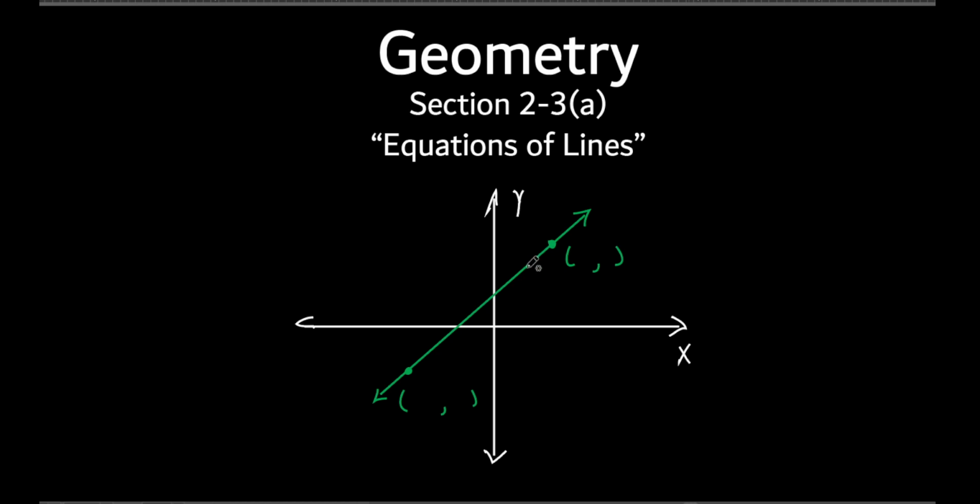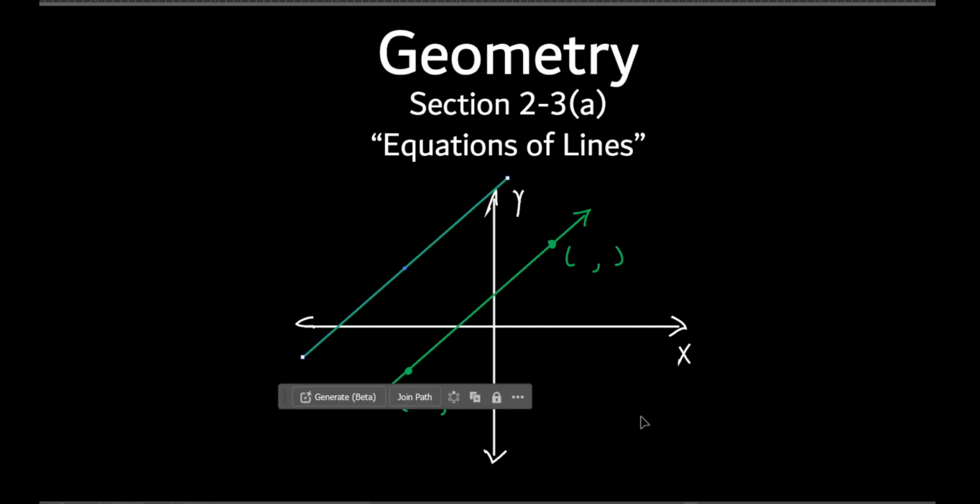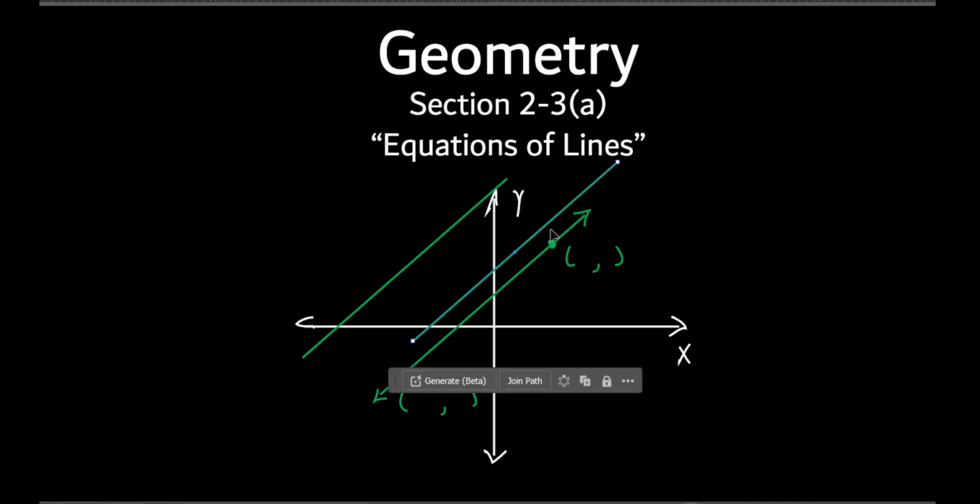But I could also have an infinite number of lines. Let me just copy and paste this. Look, I copied and pasted it. It has the same slope, but is it always going to be the same line just because it has the same slope? No. It actually has the same exact number slope as that one. I could keep doing this all day long.